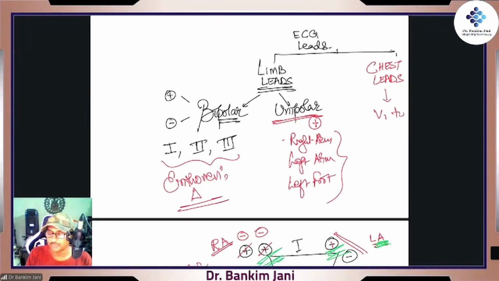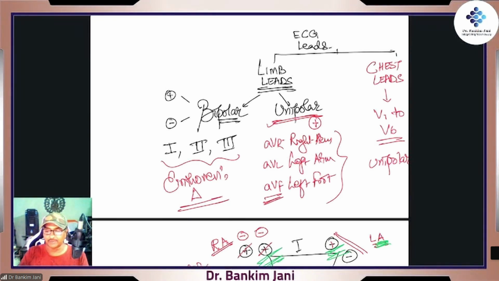Here, the unipolar ones were right arm, left arm, and foot, so we call them AVR, AVL, AVF. So these are the 12 leads.